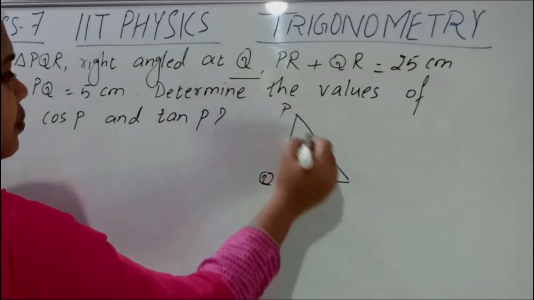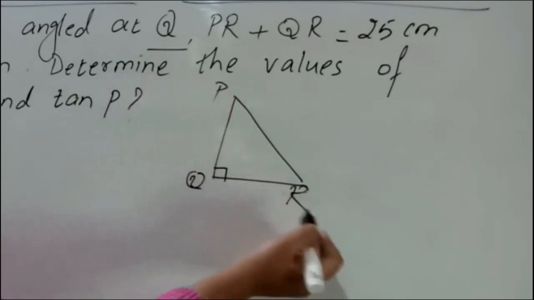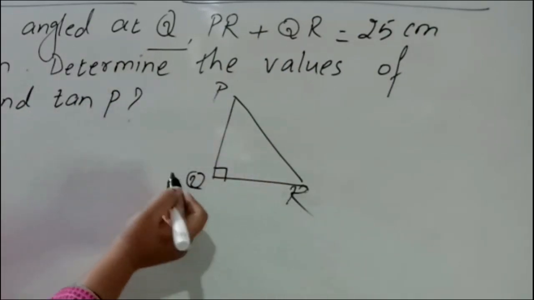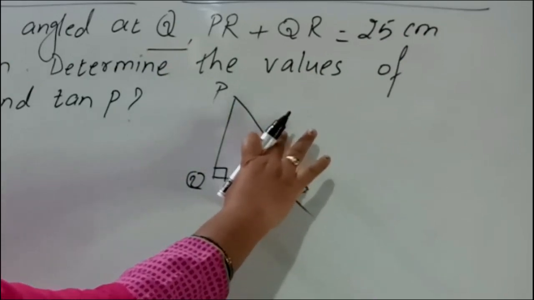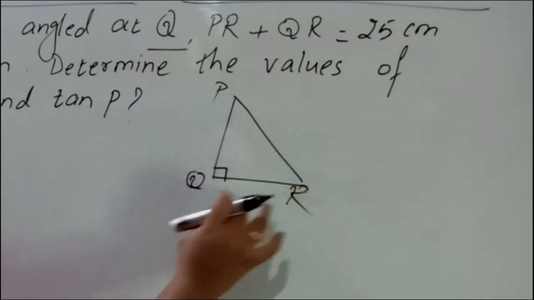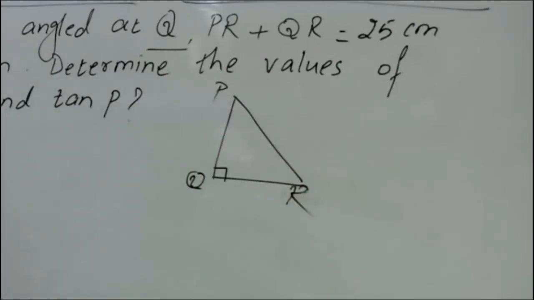So it's a triangle PQR where the right angle is at Q. Now what is given? PR plus QR: the sum of these two sides is given as 25 centimeters. Individually we don't know their lengths. This plus this is equal to 25 centimeters.